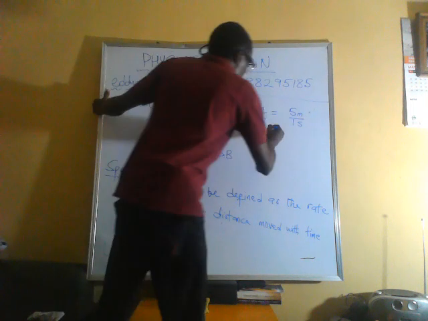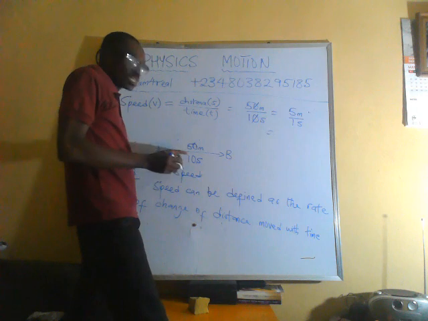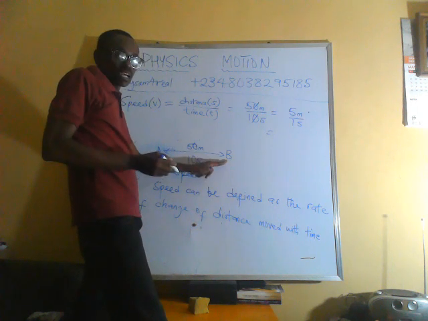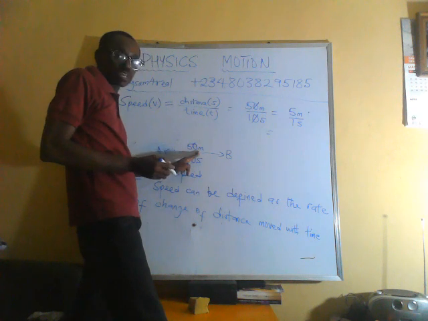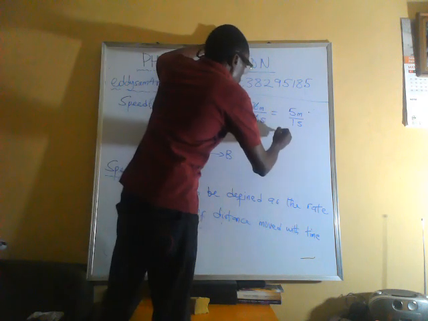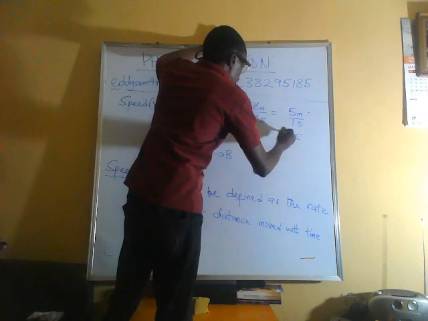So we can say that this is the speed at which I ran. If I was running from A to B, the distance was 50 meters, and I covered this in 10 seconds, then the speed is 5 meters per second.